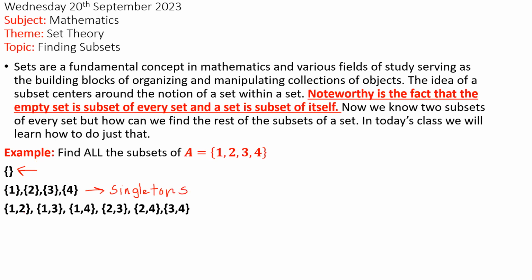And then you want to include the ones that have 2 elements. So the way you do it is you say, all right, 1 and 2, then 1 and 3, then 1 and 4. Does that make sense? Let me explain that again for persons who didn't see that.